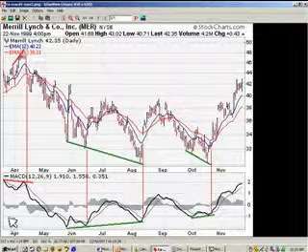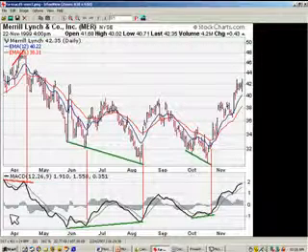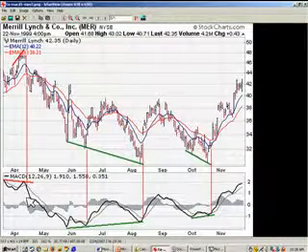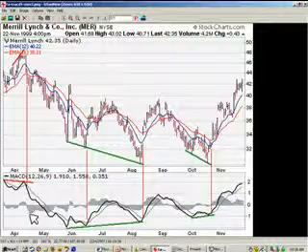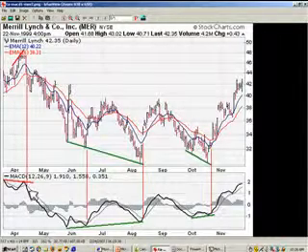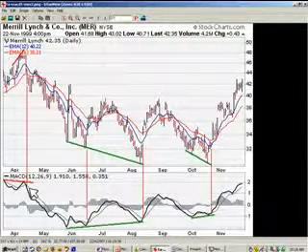I would like to point out that the histogram represents the difference between MACD and its 9-day EMA. As the histogram gets larger, this represents how wide the distance is between the MACD and the 9-day EMA.